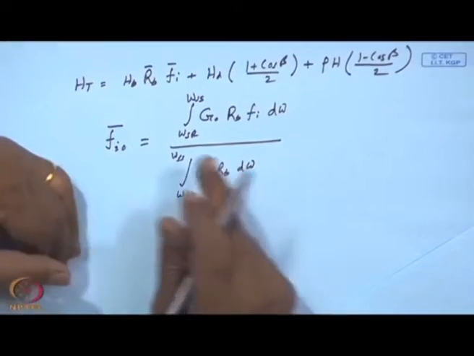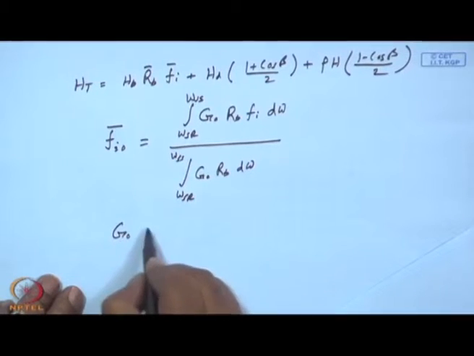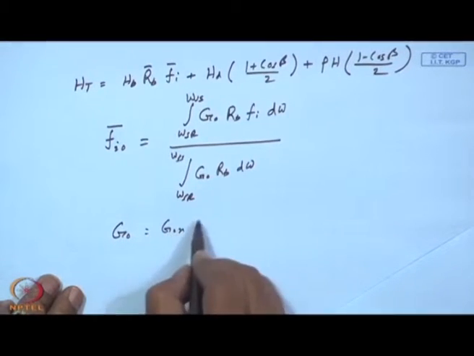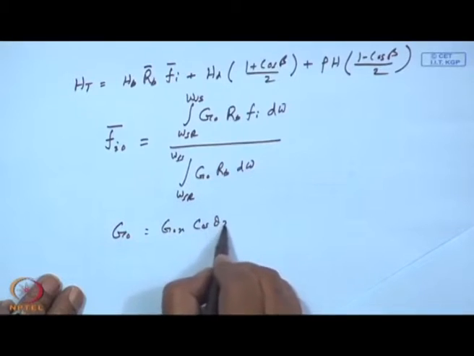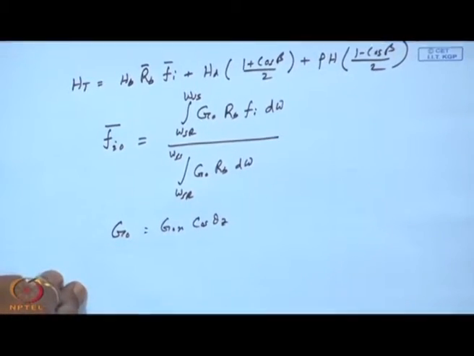G 0 we know is equal to G O n cos theta z. That analytical expression is known, and still we do not know F I, though R b is known to us.